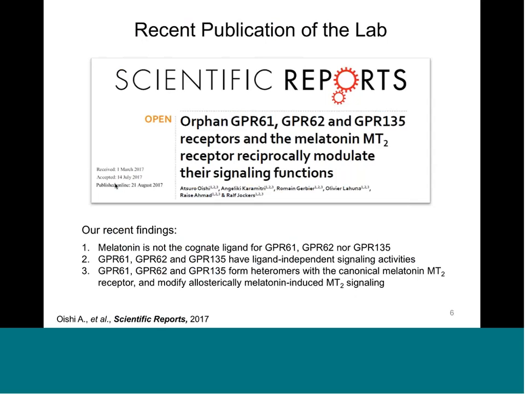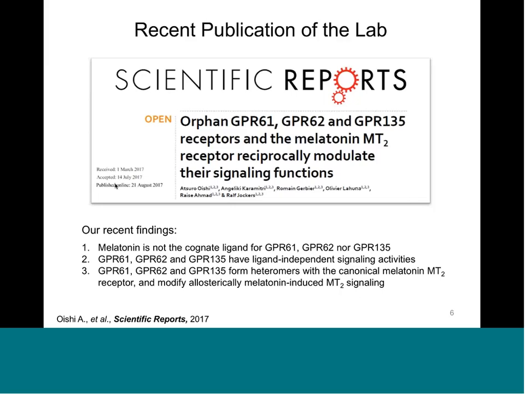The results of this work have recently been published in Scientific Reports. This work showed three main findings. The first finding is that melatonin is not the cognate ligand of these three orphans. However, we could show that these three orphans have a substantial ligand-independent signaling activity.